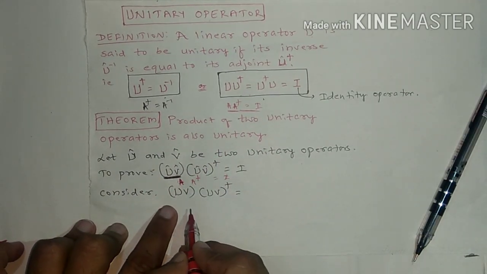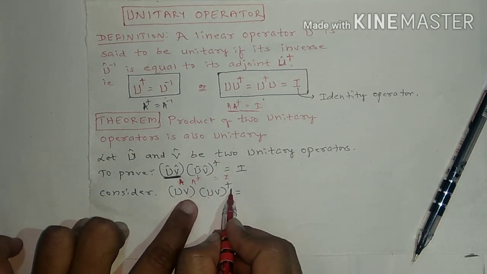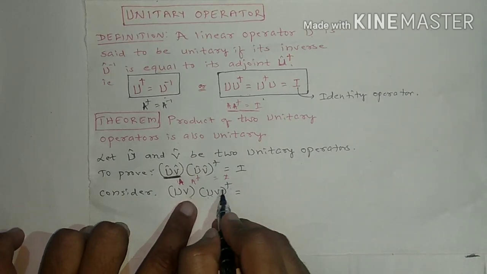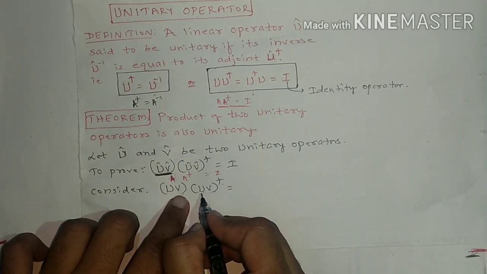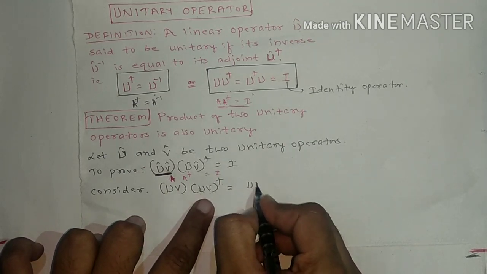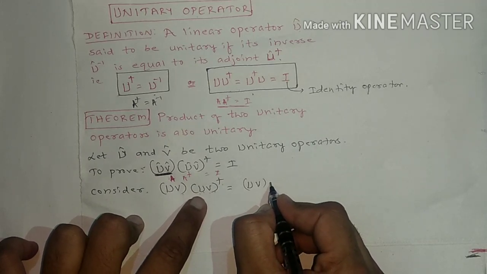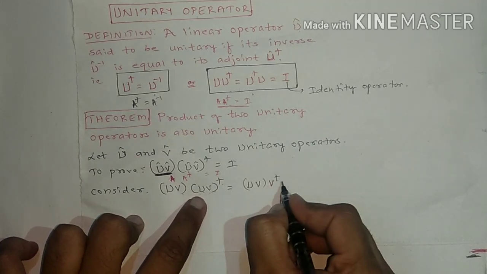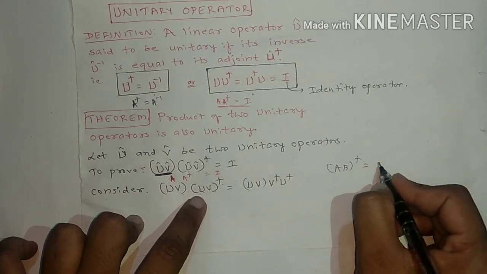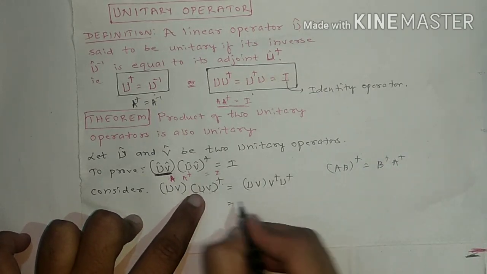For this, consider UV into (UV) dagger. Let us apply the property of adjoint. We get V dagger and U dagger, because we know that (AB) dagger is equal to B dagger A dagger, so the order is changed.